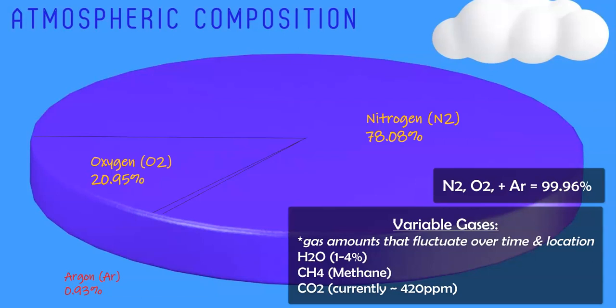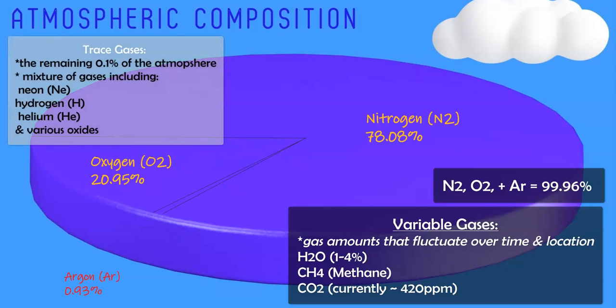Beyond that, we have what are called the variable gases, which can vary in amounts depending on location around the Earth and what the atmosphere is doing at the time. These gases are methane, CH4, water vapor, and CO2, and these can also be classified as the greenhouse gases.